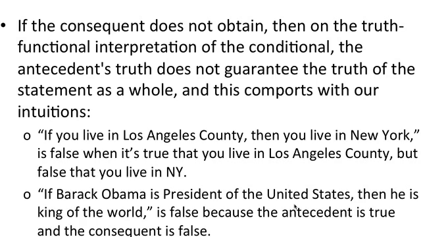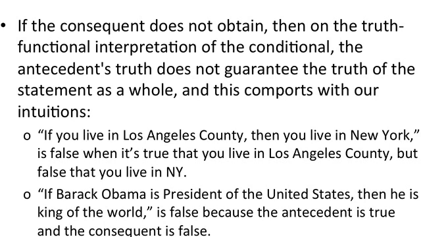Okay, so let's talk a little bit more about how this idea plays out. When we think about the material conditional, one of the ways that we can think about it is in terms of our natural understandings of what would make an if-then sentence false. So, for example, it's false to say if you live in Los Angeles County, then you live in New York. It's false to say if Barack Obama is president of the United States, then he is king of the world.